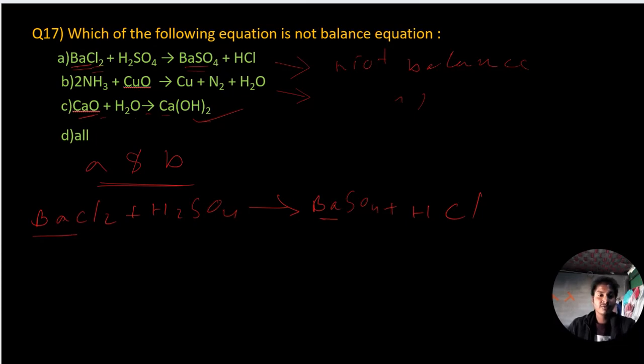We have one barium, this is balanced. Then we will check chlorine. We have two chlorine, but we have one chlorine. So to make it 2, we have to multiply by 2. So chlorine gets balanced. Now SO4, we have SO4 and SO4. This is balanced. We have 2 hydrogen, we have 2 hydrogen. This is also balanced.